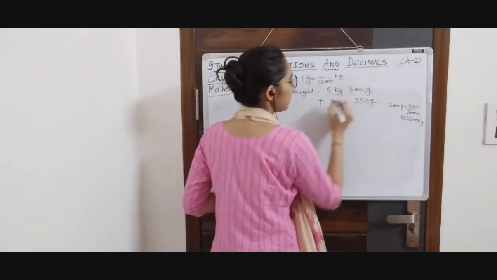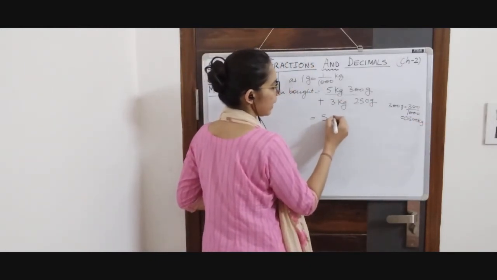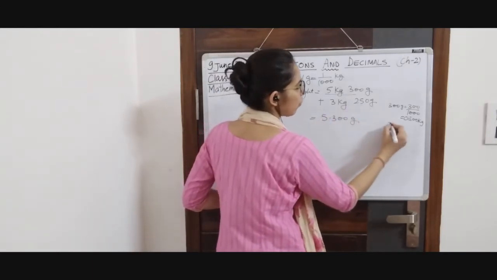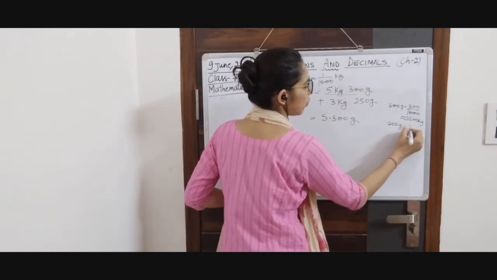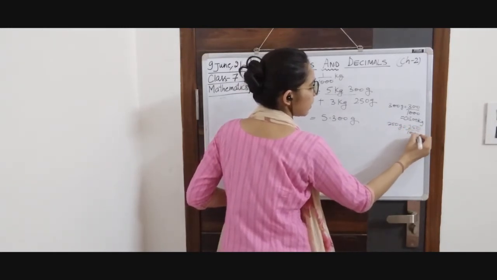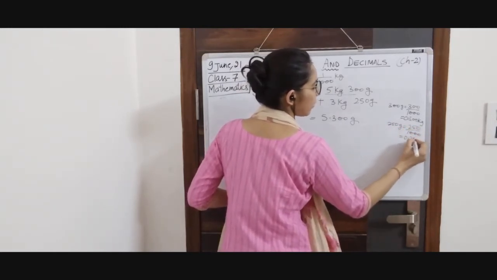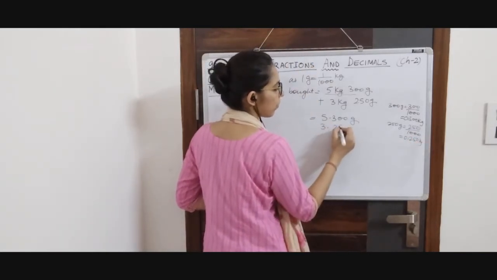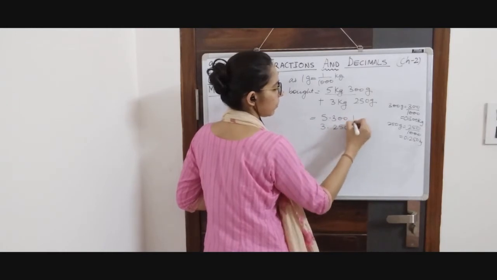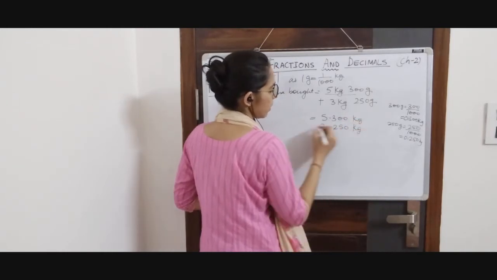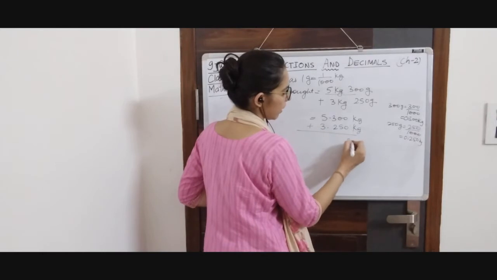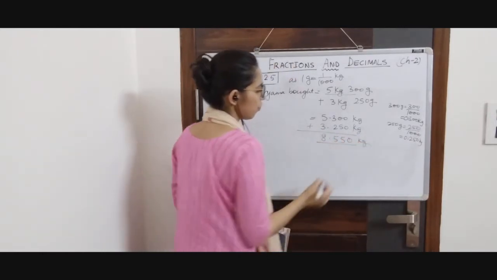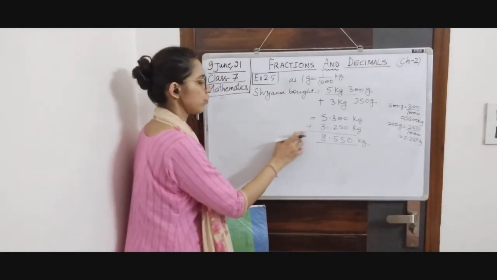So you can write this as 5.300 kg. Similarly, 250 grams will be equal to 250 by 1000, that is 0.250 kg. So it will be 3.250 kg. Now we will add both of these. We will get this much fruit. So Shyama bought this much fruit.